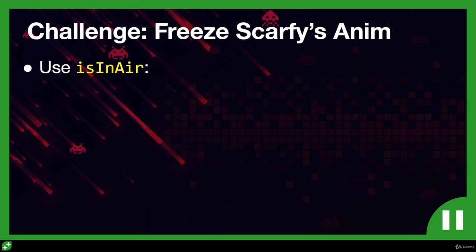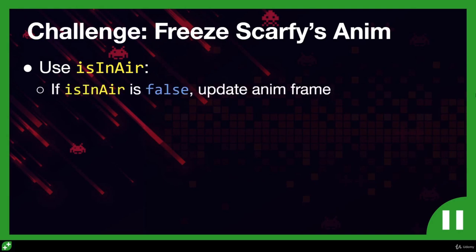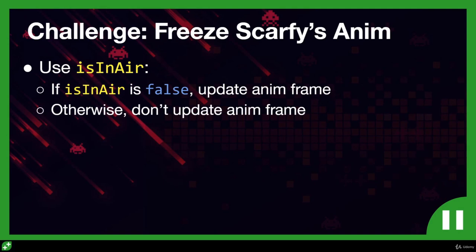We know that isInAir is true when Scarfy is in the air and false when Scarfy's on the ground. So if isInAir is false, go ahead and update the animation frame using the code we already have in place. Otherwise, don't update the animation frame at all. Go ahead and pause the video and do this now.